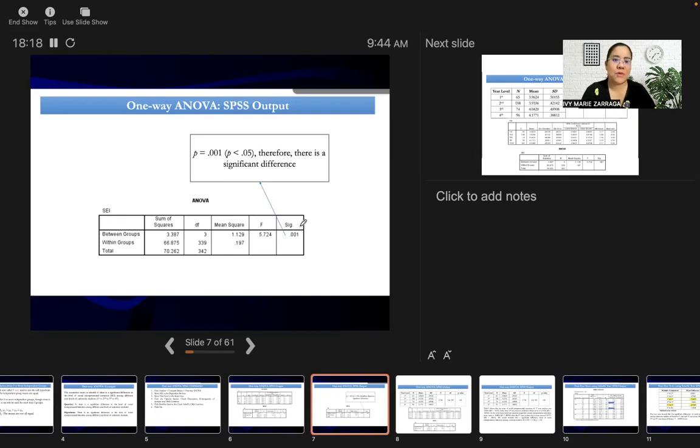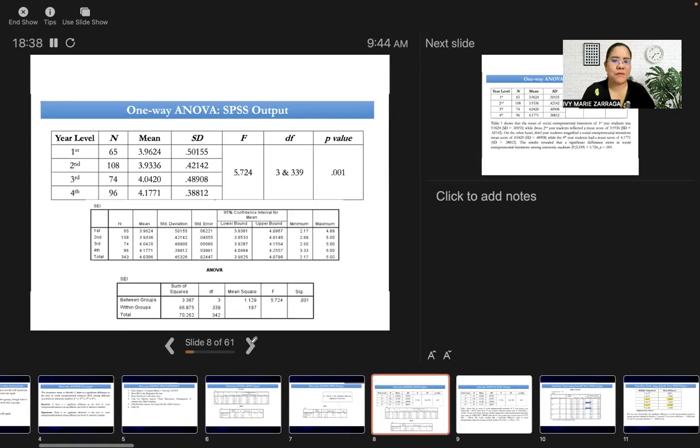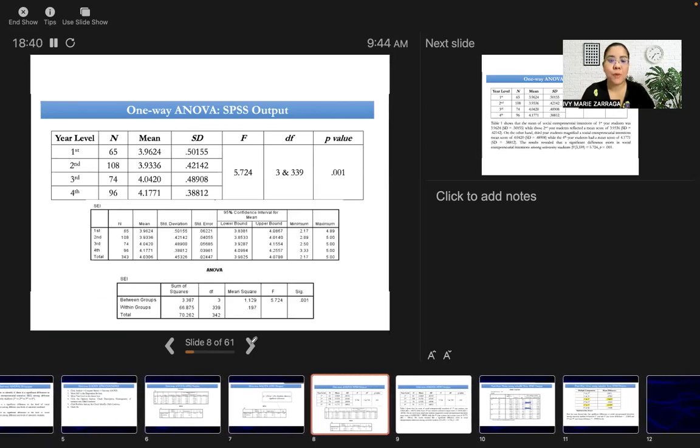Tapos hindi sila nagpo-post hoc. Basta sinasagot nila yung tanong, there's significant difference. Kung lumabas na talagang may significant difference or less than 0.05 yung sa p-value nila. Tapos hindi na nasasagot saan may pagkakaiba. Kaya yan, para kompleto, we have to perform the post hoc.